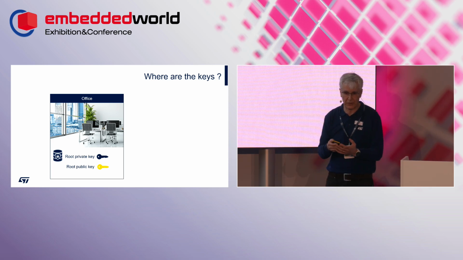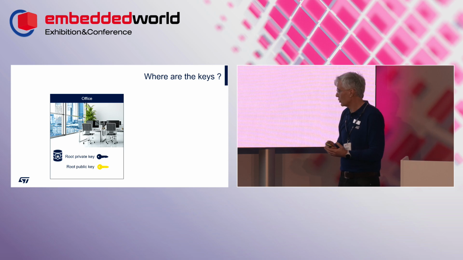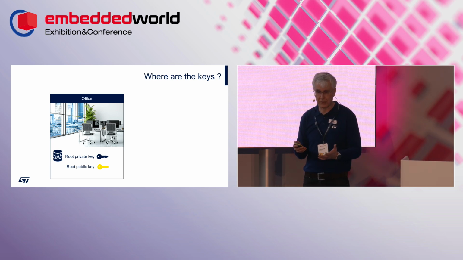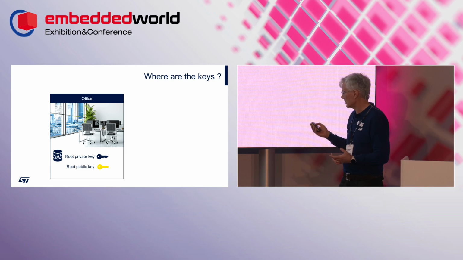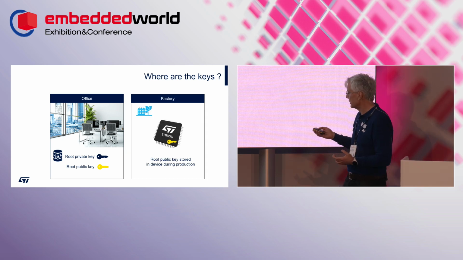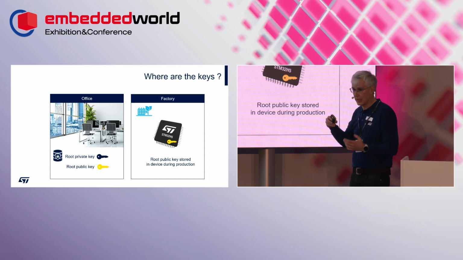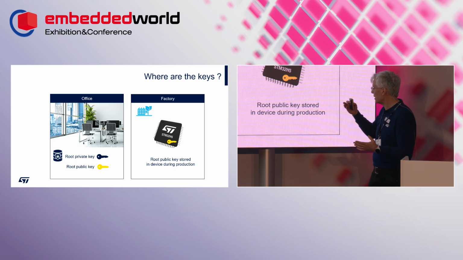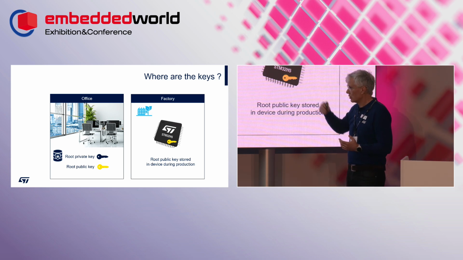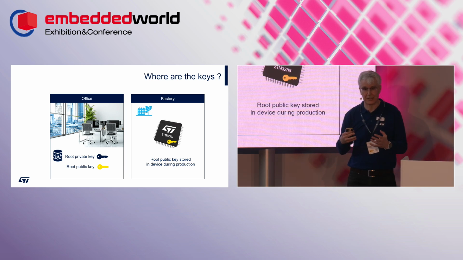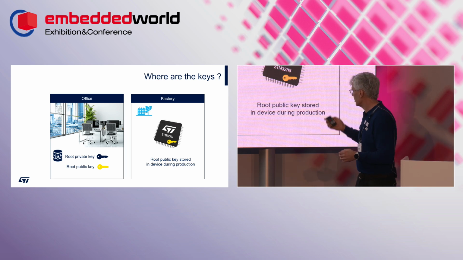It should be in a safe, and most probably in an HSM to make it really robust. And you have the root public key. And what we are doing is, at production time, we provision the root public key inside the device.